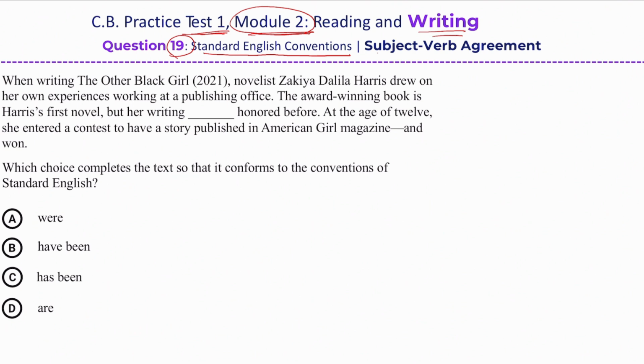Tip number 2 is make sure that you read to the end of the sentence and just make observations, right? A lot of students make the mistake of stopping in the middle of the sentence and trying to solve the question right there, and that's a huge mistake, because the SAT test makers know this.